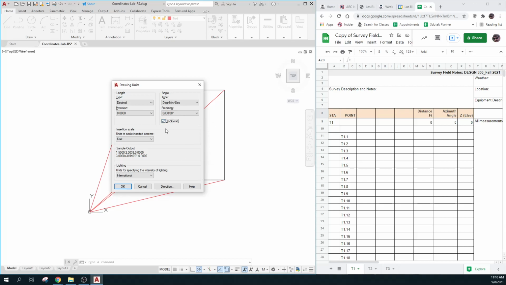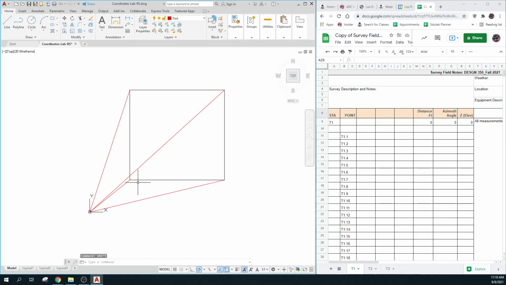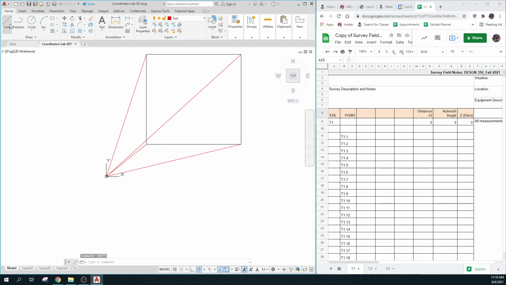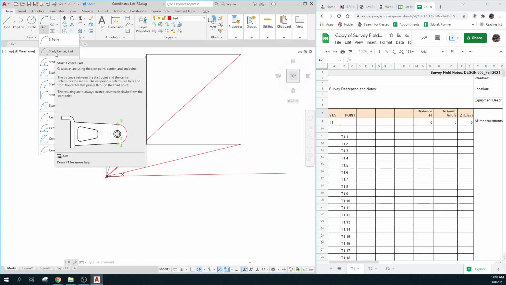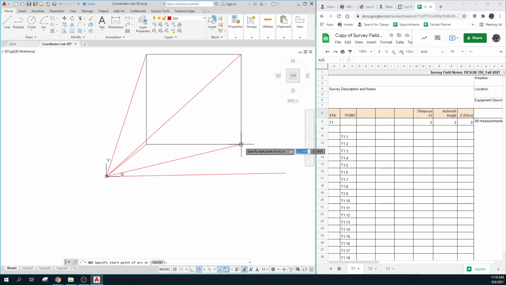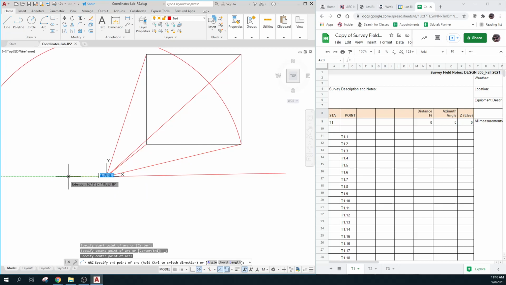That's the opposite of what they normally do in AutoCAD. I'm going to go clockwise, which means, just as an example, if this is my 0 angle, to measure clockwise, I'm going to measure start, center, end.